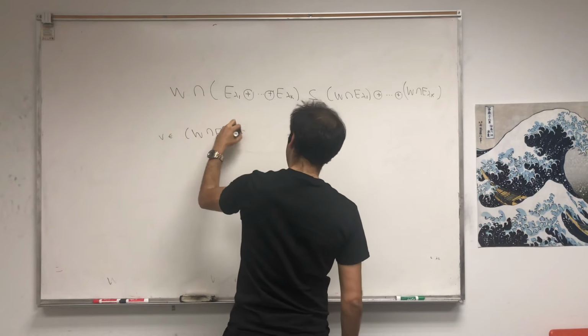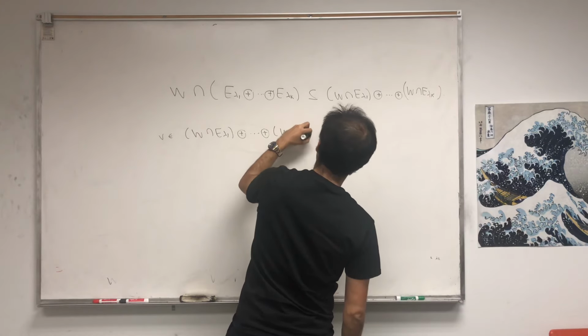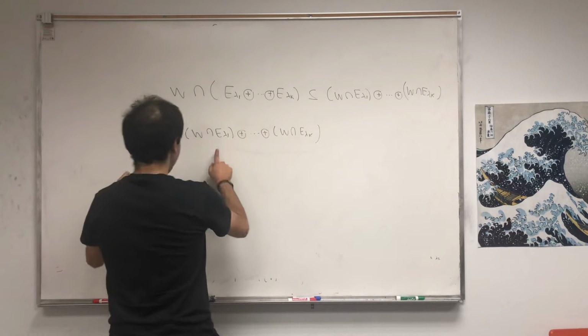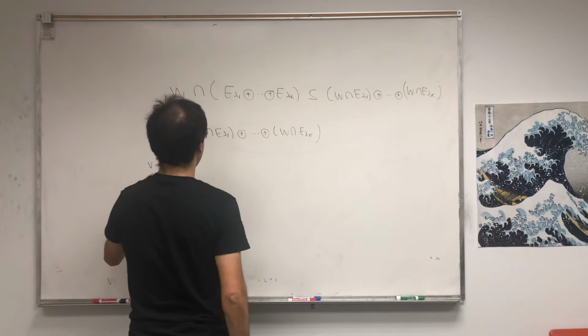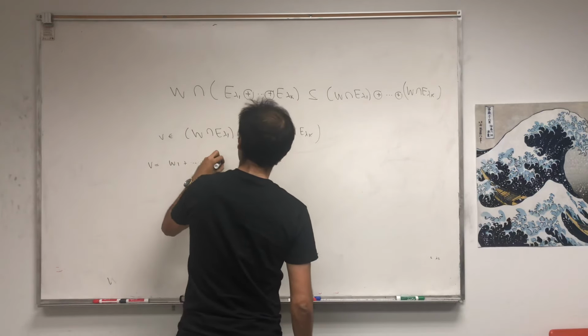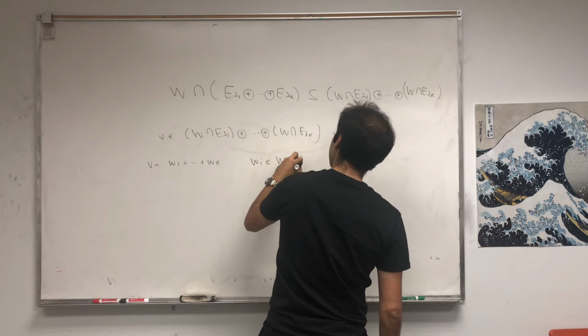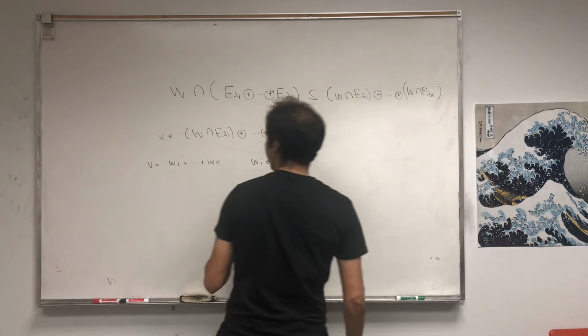And the other direction is actually easier, because suppose V is in W intersect E of lambda 1 plus dot dot dot plus W intersect E of lambda k. Then V is the sum of a bunch of vectors, W1 plus dot dot dot plus Wk, where Wi is in W intersect E of lambda i.